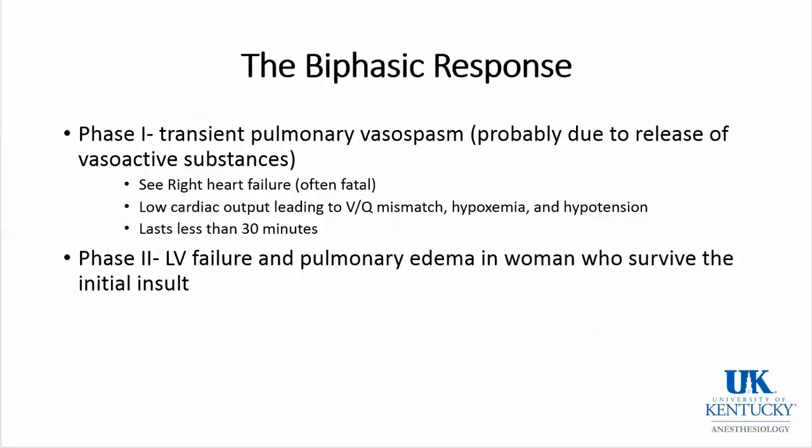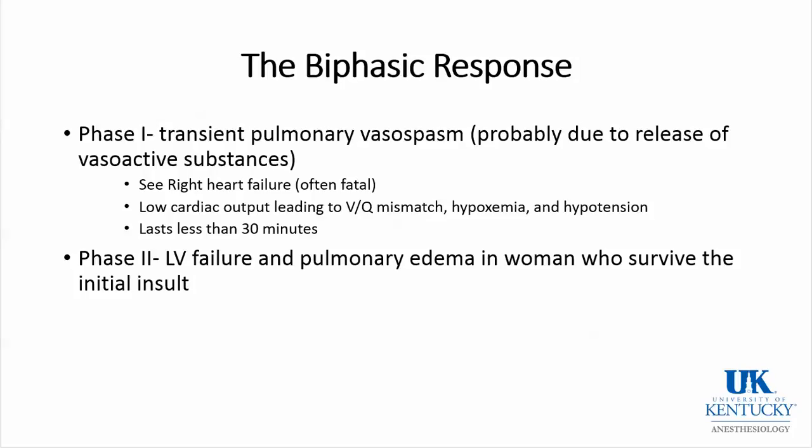So typically we speak of the biphasic response when we describe amniotic fluid embolism. Phase 1 is transient pulmonary vasospasm. This is due to the chemical effect of amniotic fluid causing a release of vasoactive substances. There's not really a mechanical obstruction of flow into the lungs, which some people think of when they think of amniotic fluid embolism.